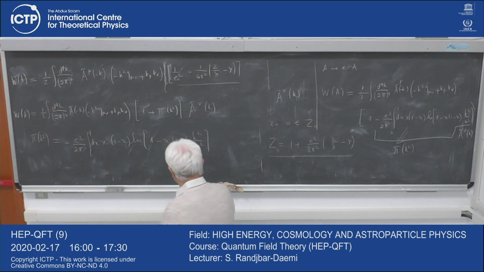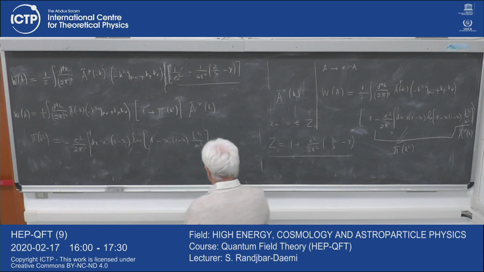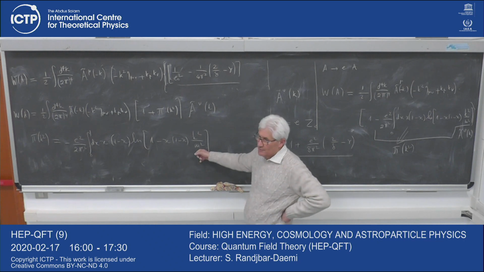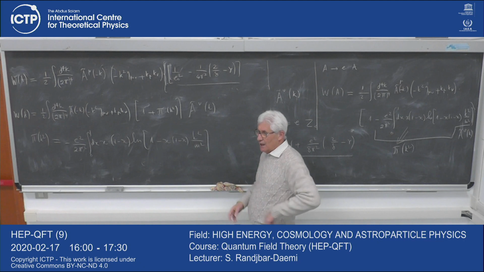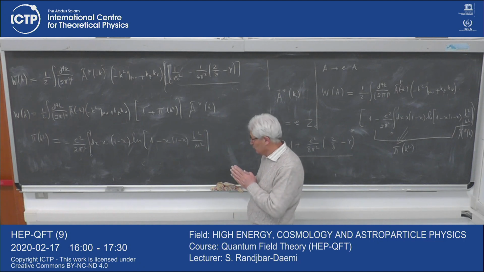The mass which appears in this calculation, is it the bare mass or renormalized mass? Good question. At this stage, it doesn't make any difference because the renormalized mass and the bare mass differ at least by a factor of coupling constant, 1 power, 2 powers of coupling constant, right?